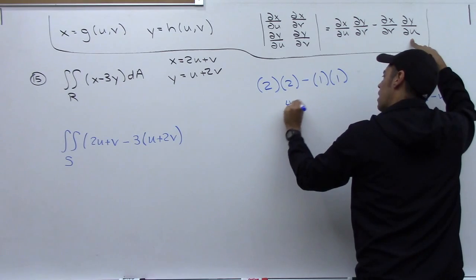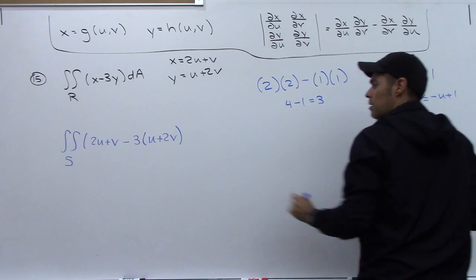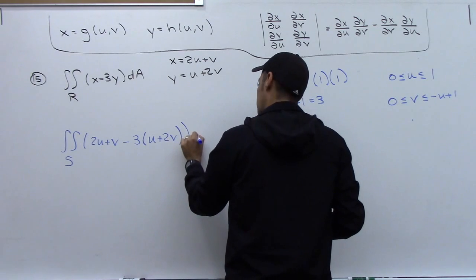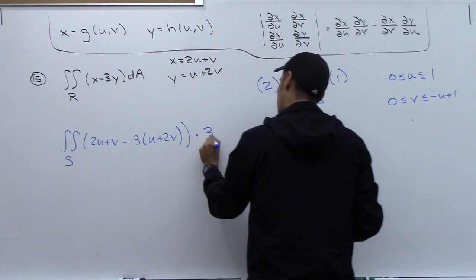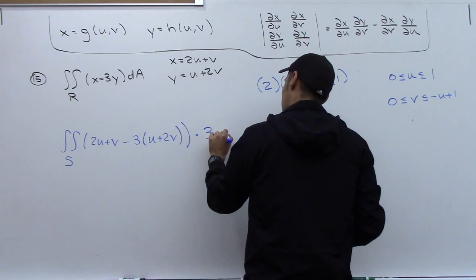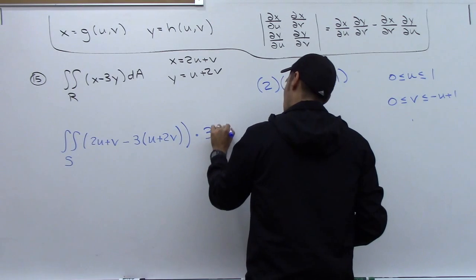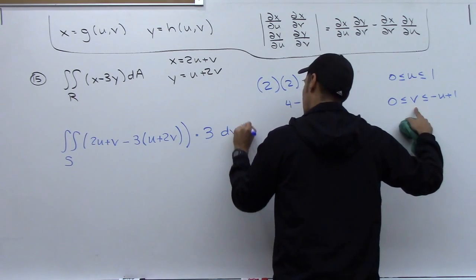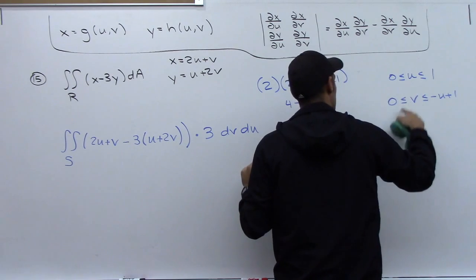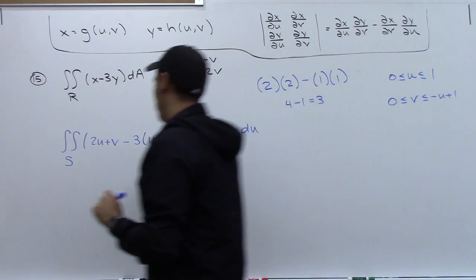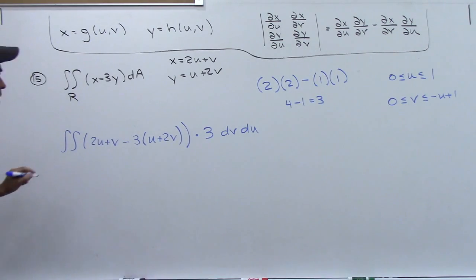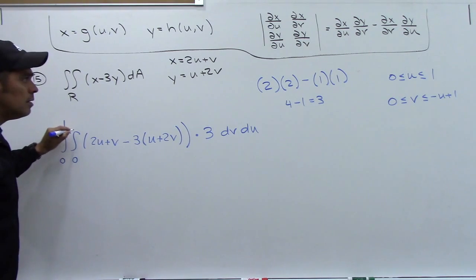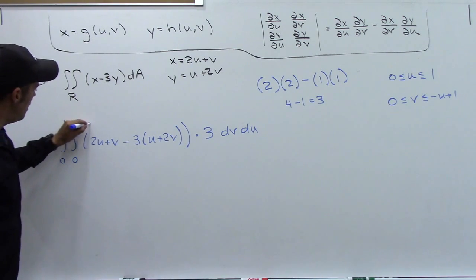So you get 4 minus 1, which is 3. So I'm going to take all of this, multiply it by the Jacobian determinant, which is 3, and then I have to do dv on the inside, du on the outside, because I have constants here and functions there. And then I'll erase this S, and I'll put 0, 1, and 0, negative u plus 1.